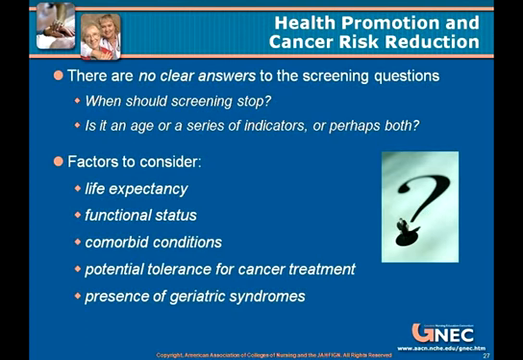Thinking and talking about health promotion and cancer screening, when does the older person stop electing to get screened for cancer? And this is a very foggy area. No age limit is essentially defined. It is more about frailty.